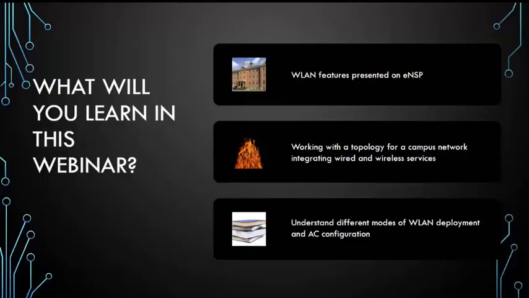Well, what would you learn in this webinar? Some wireless LAN features presented on eNSP. eNSP, if you don't know, is a network simulation software for Huawei products. Not all products, just the enterprise products like switches, routers, wireless LANs, and security firewalls.